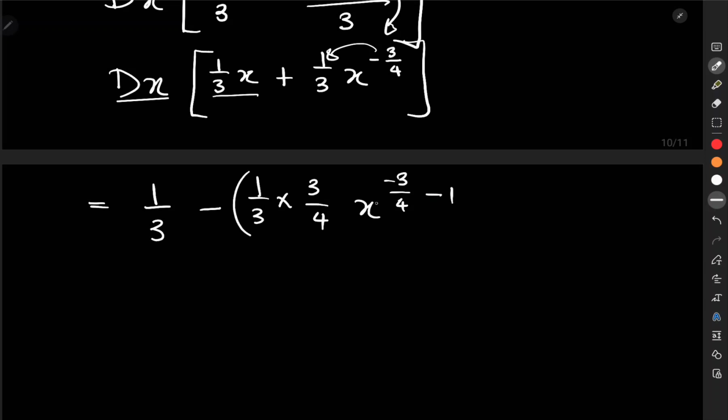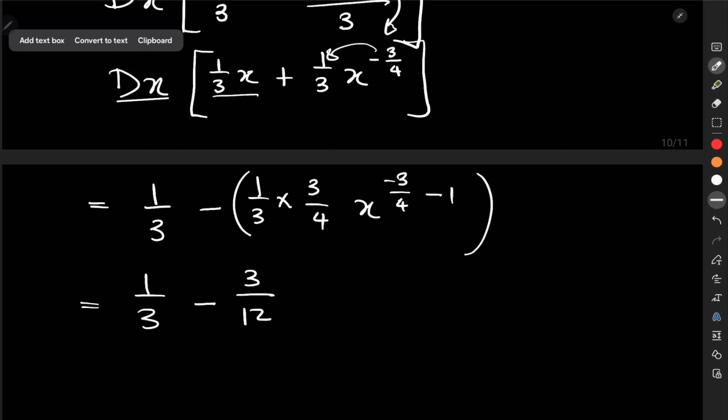So that looks a bit complicated. But if we simplify that, we have 1 over 3 minus, and if we multiply these, we have 3 over 12, since 1 multiplied by 3 is 3 and 3 multiplied by 4 is 12.